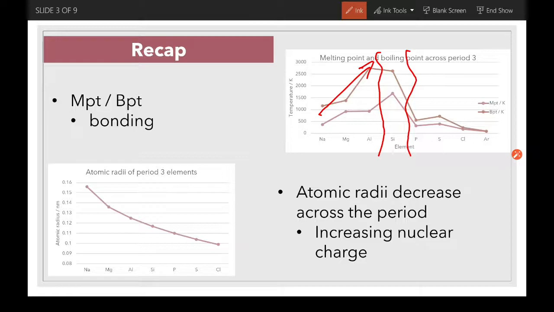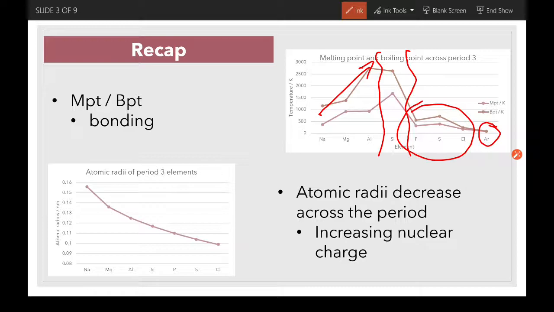It's metallic bonding, so it's the Na+, Mg2+, Al3+ centers in there, so it's a stronger electrostatic force of attraction. Silicon was macromolecular, so it was a giant covalent structure, so there were many covalent bonds to break. And then we had simple molecular substances down here, so we had weak intermolecular forces, like van der Waals. And then argon over here was the lowest, so it just exists as atoms, so the interaction between those argon atoms is even smaller, therefore a lower melting point and boiling point.